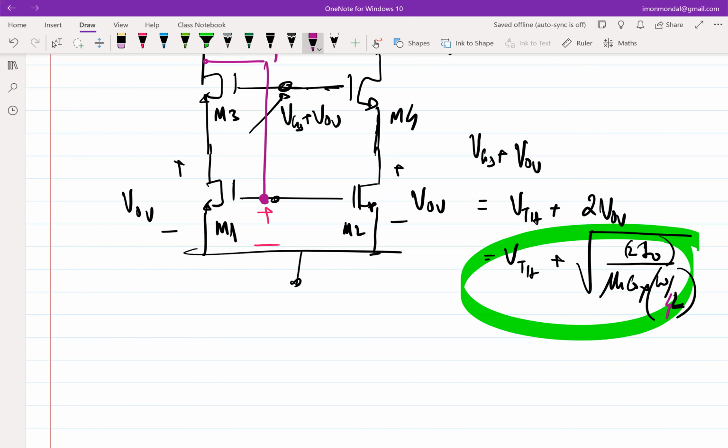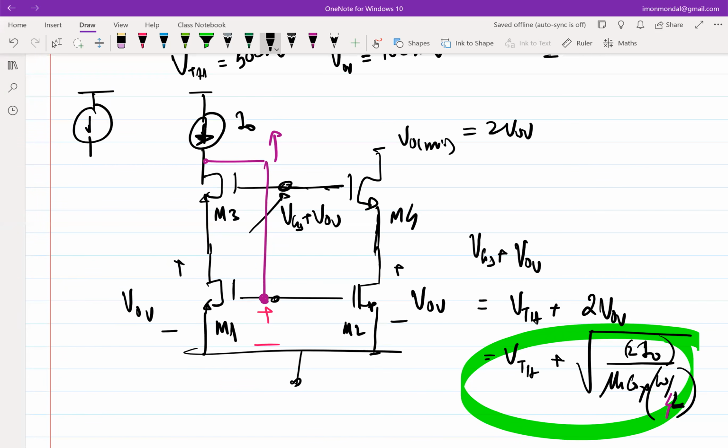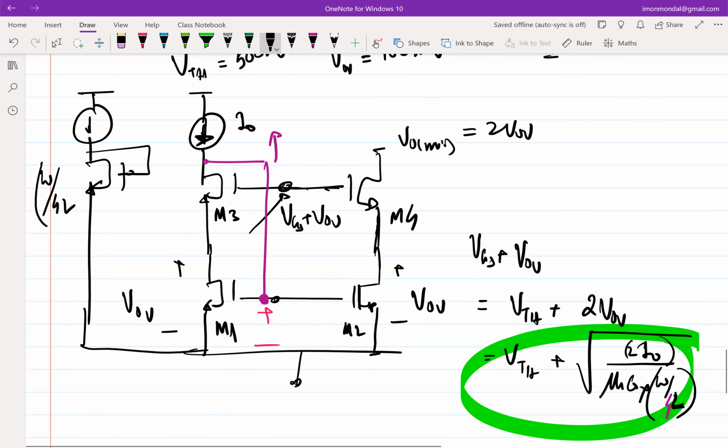Right? Which essentially means that I have a case in which this is W by 4L. Then this will be VTH plus 2 V overdrive. Okay.